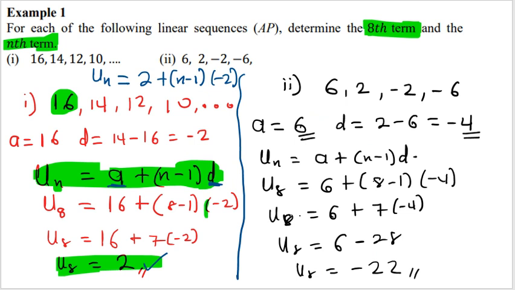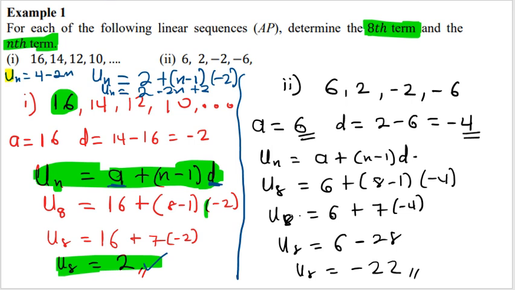So I'll just substitute it inside and you simplify. When you simplify, that becomes your general term. So UN should be equal to 16 plus negative 2 times n is negative 2n, then plus 2. Then 16 plus 2 is 18. So I'm going to get UN is equal to 18 minus 2n.